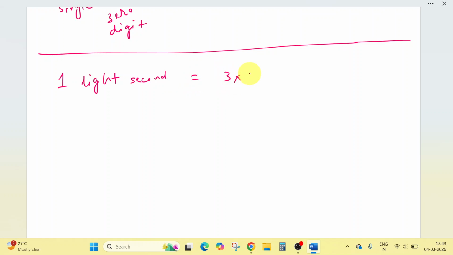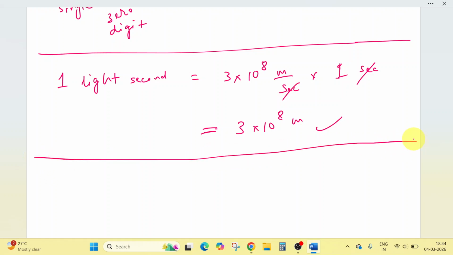So it will be 3 into 10 to the power 8 meter per second into 1 second. Seconds cancel out. It is basically 3 into 10 to the power 8 meter. That is the distance traveled by light in 1 second. So that is light second. Understood? Very easy.